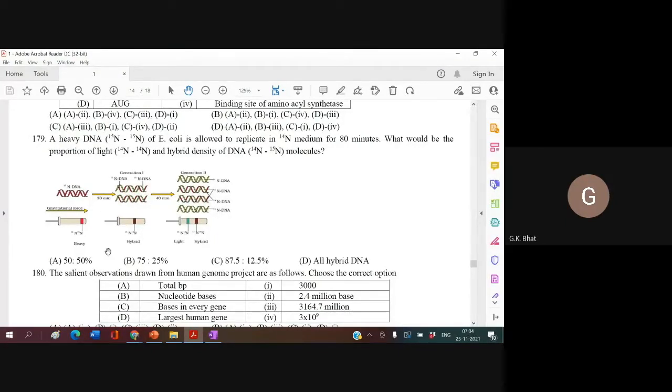After 20 minutes, this should be seen in only one strand. Yeah, one strand. This is 25 and this will be 75. Then what will happen? What will decrease and what will increase? Find it difficult?